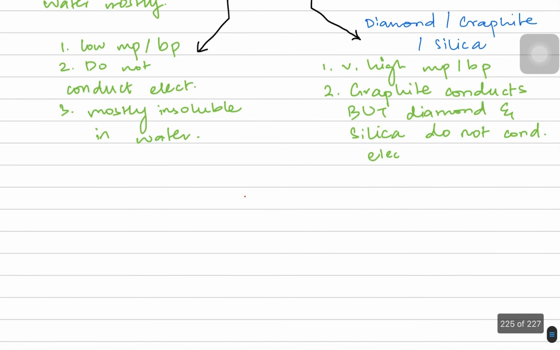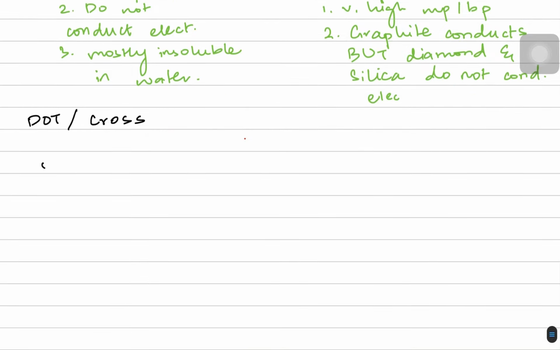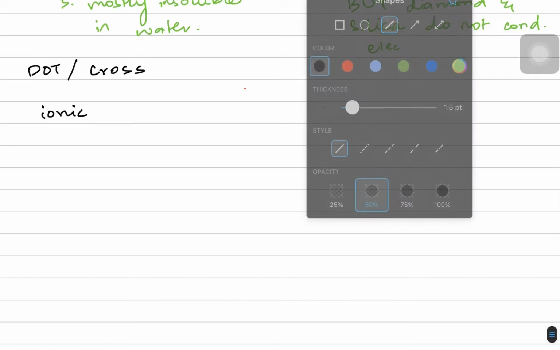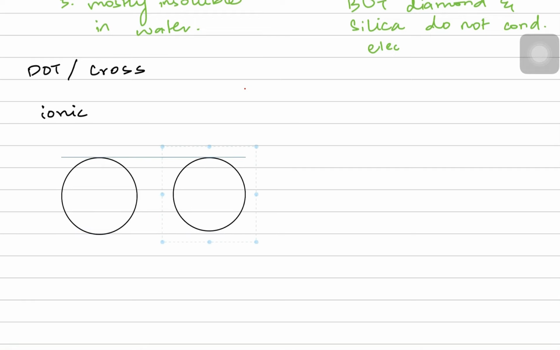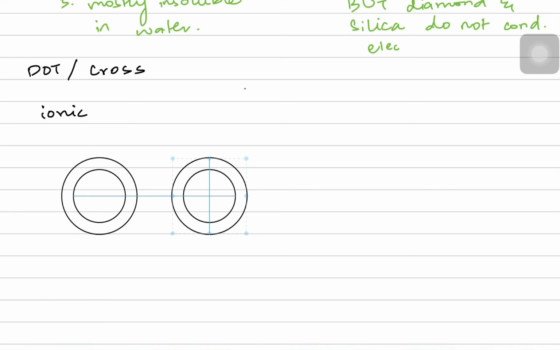Let's quickly run through their dot and cross diagrams for revision. In an ionic structure, when you draw dot and cross diagrams, you make two sets of circles with their entire shells. Let's suppose I'm picking sodium oxide.